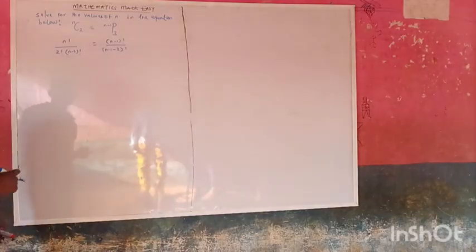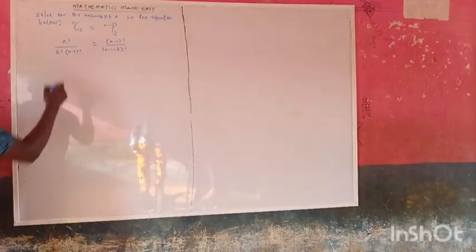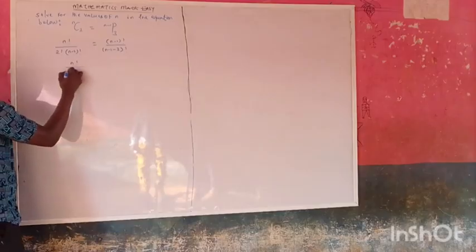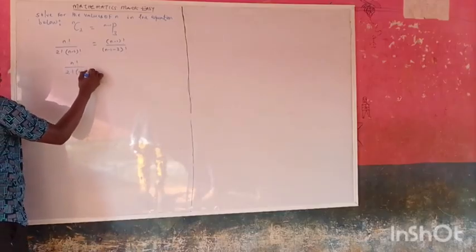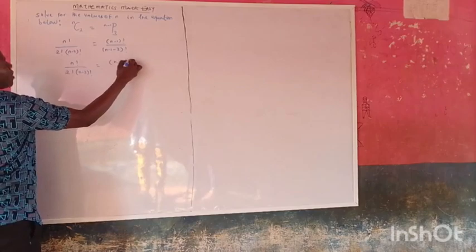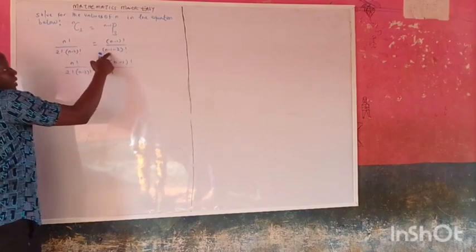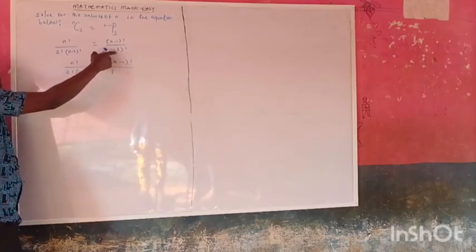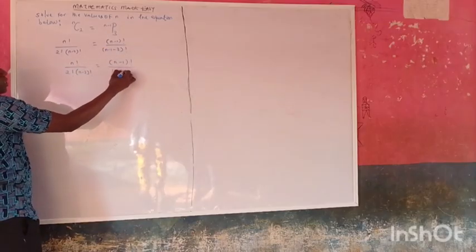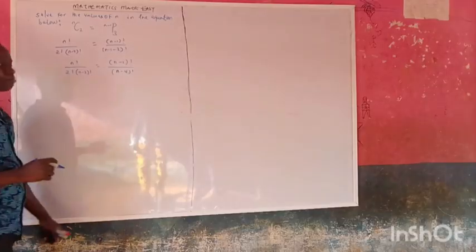So this will be n factorial over 2 factorial, then into brackets n minus 2 factorial, equals n minus 1 factorial over negative 1 minus 3, which will give us negative 4. So this will be n minus 4 factorial.